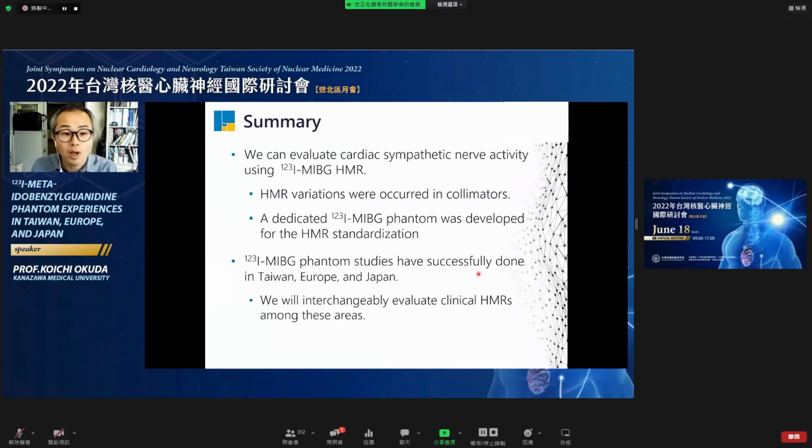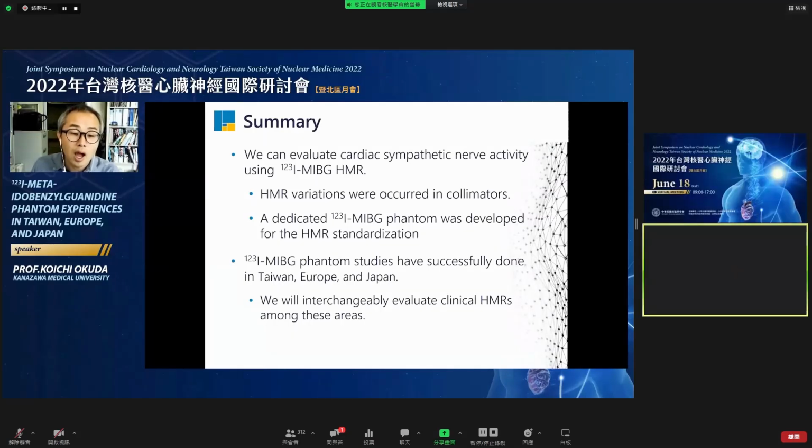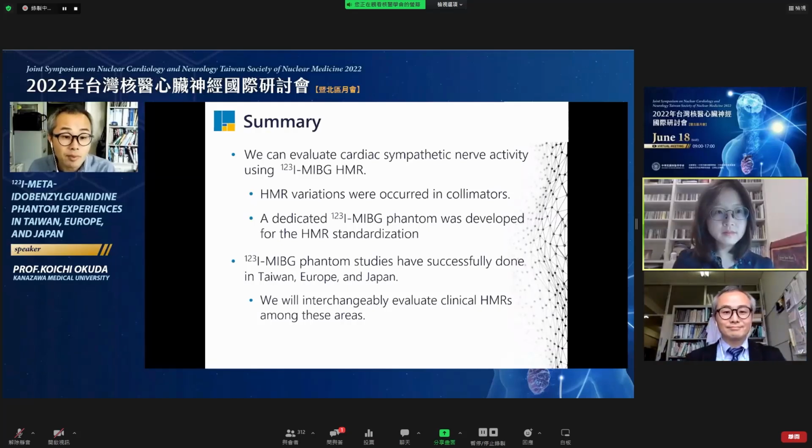In summary, we can evaluate cardiac sympathetic nerve activity using MIBG HMR. However, HMR variations occurred depending on collimators. To overcome these inferences, a dedicated MIBG phantom was developed for HMR standardization.